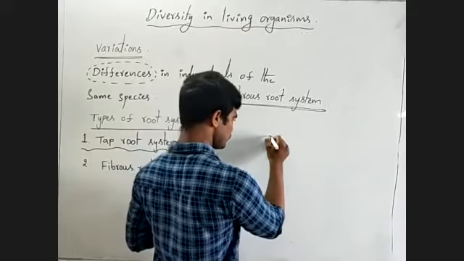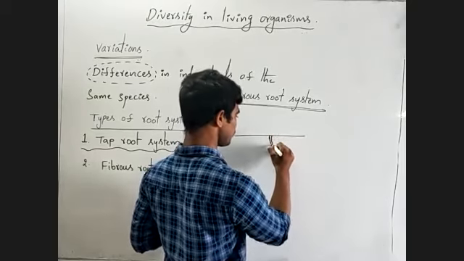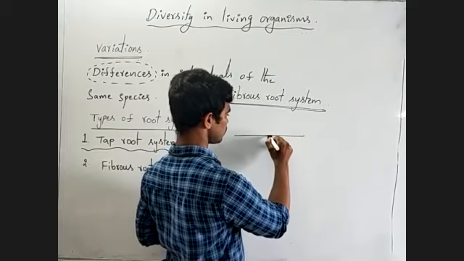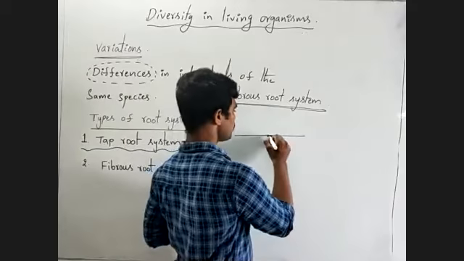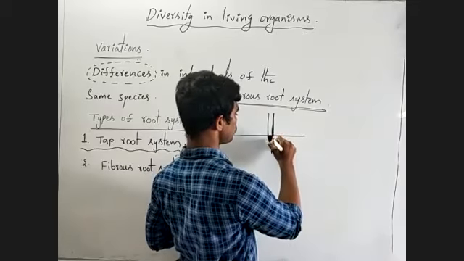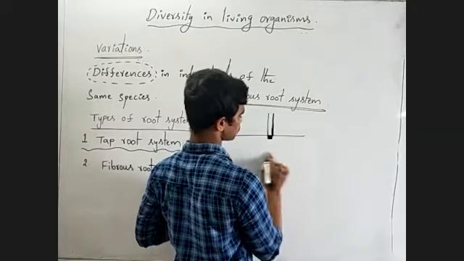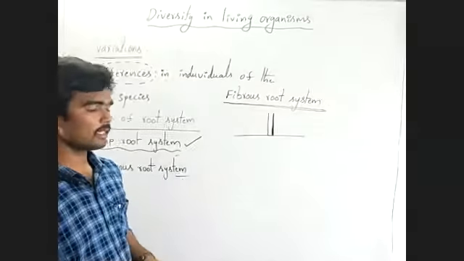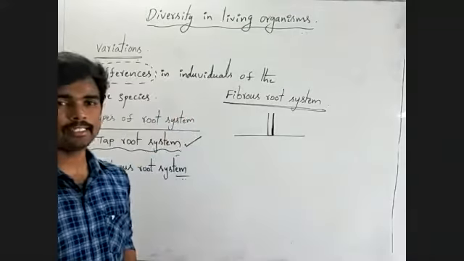In some plants, during the germination process, a primary root is developed into the soil like this, but this primary root is short-lived. After some time, it is degenerated.